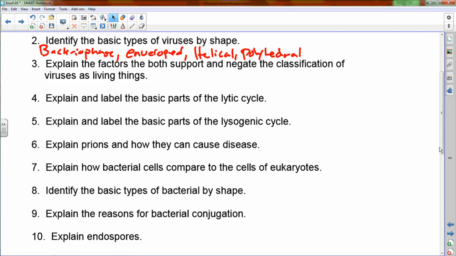They have a specific structure, and we see that by looking at the pictures, and we can tell the different ones apart. Some of those other ones, like grow and develop, you have to have a host cell do that for them.